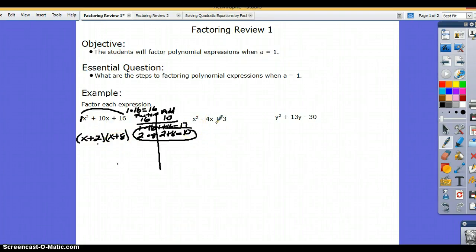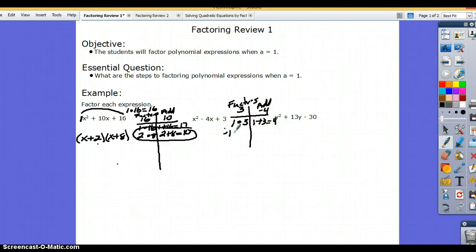Alright, so right here. We want factors of 3 that add to negative 4. Alright, well 3 is a prime number. Its only factors are 1 and 3. Well, if I add 1 and 3, I get positive 4. I need negative 4.